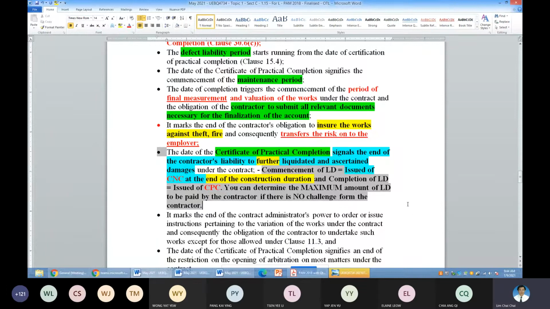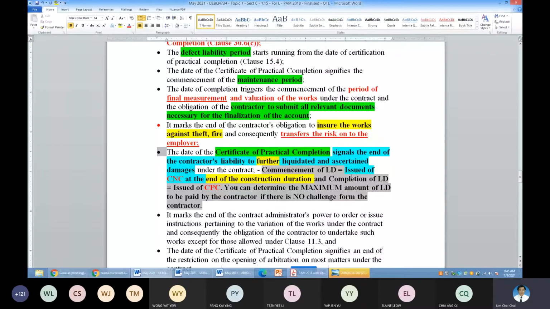The consultant may delay the issue of CNC at the end of the construction duration by 1 week, 2 weeks, 1 month. It can happen in the construction environment. Then the employer will not be able to deduct the LD immediately. They will have to wait until the CNC is officially issued. So please understand this important concept on the CNC and CPC and when to deduct. I hope we are not confused.